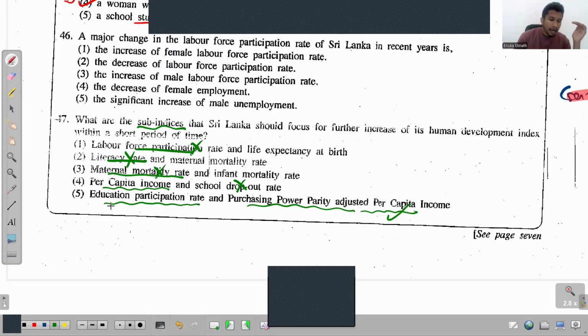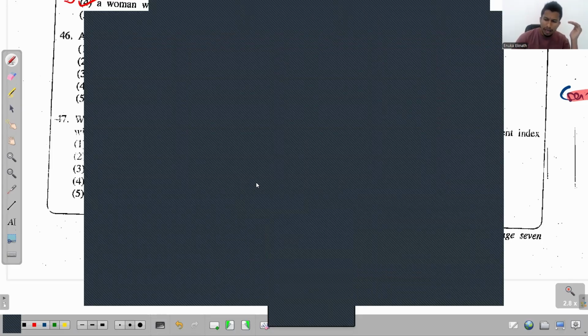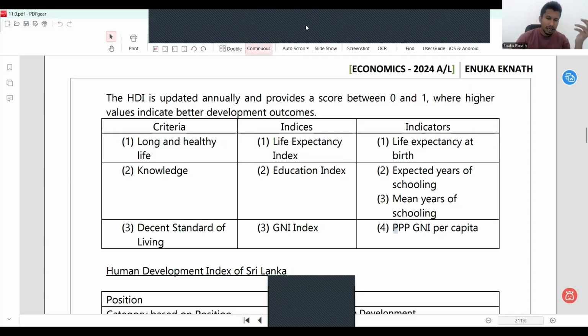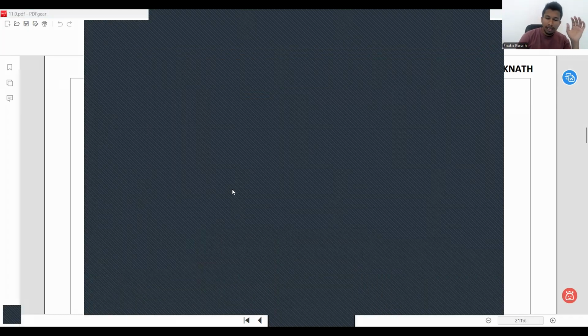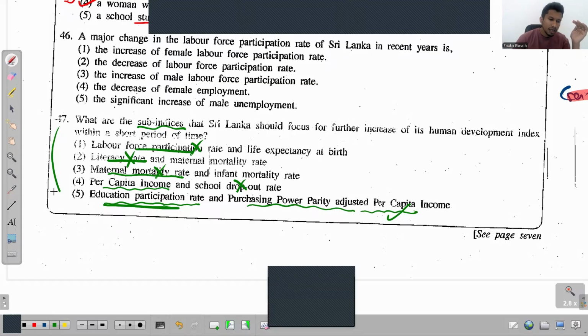So this is correct. And here the education participation rate stands for the expected years of schooling. Hence, from the given options, right, from all these five, we have to select this to be the most suitable option. So fifth one is the most suitable option.